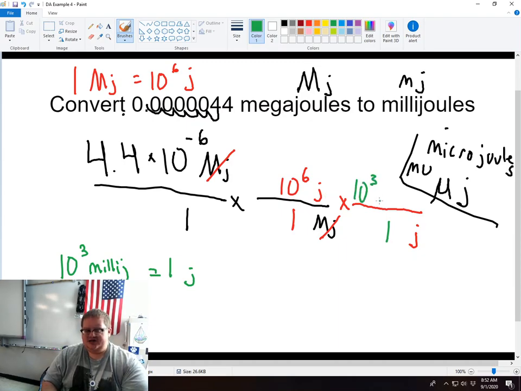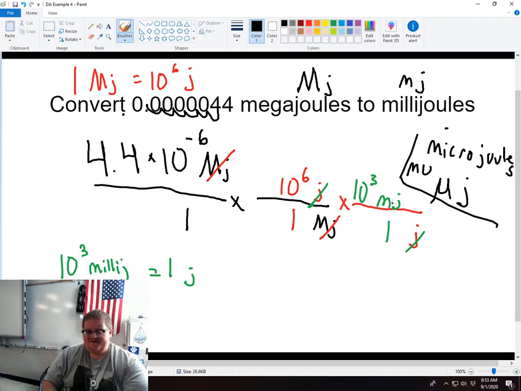Again, I'm using the standard lowercase m and j. Now when I multiply, joules cancel. The only unit I have left is millijoules, and if it's the unit you want, you're done. We have millijoules, and that's what we wanted.